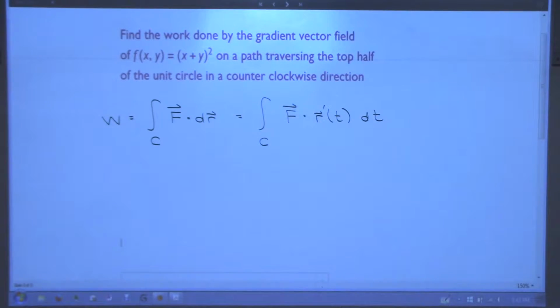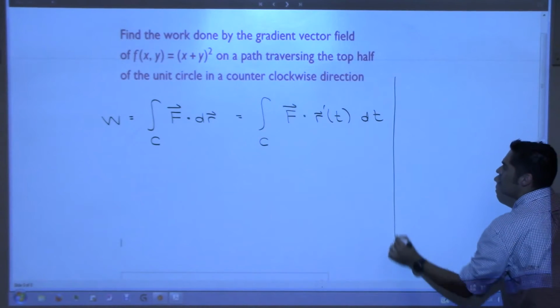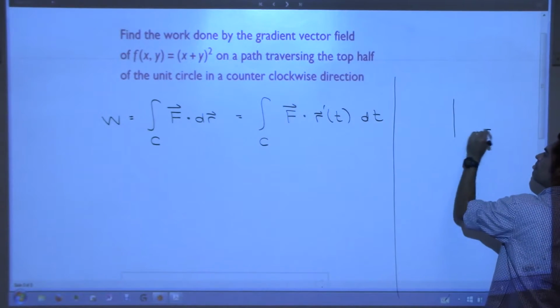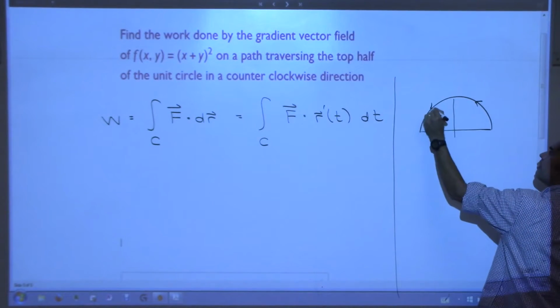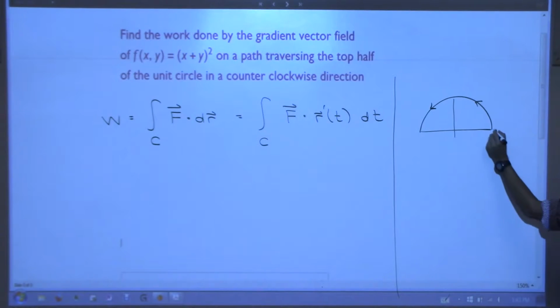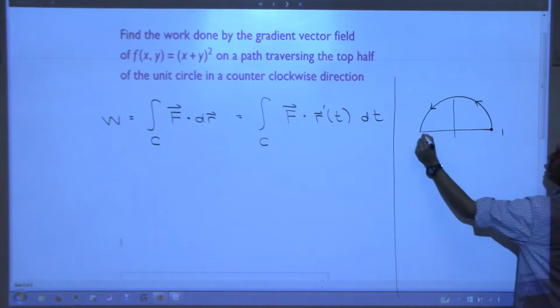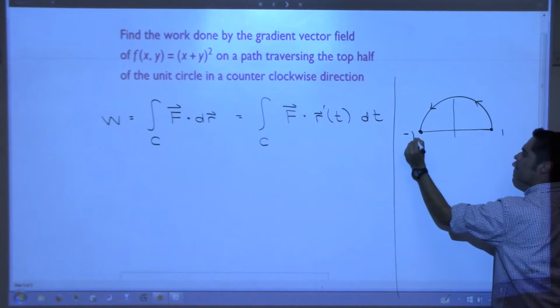Any suggestions? This is a unit circle. Can you draw it out? Okay, so you want to start with trying to get r first? Yeah. Okay, let's try and find the vector function that draws the top half like this. And you want to go counterclockwise, like this. You want to start here at 1 on the unit circle, and you're going to end here at -1.